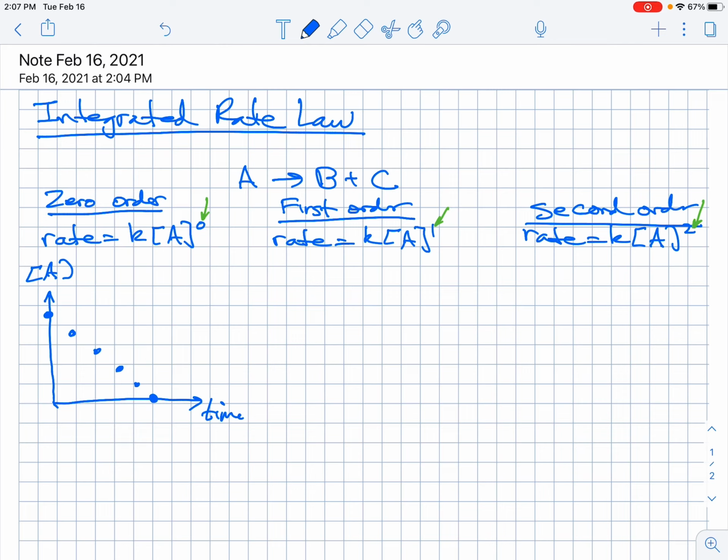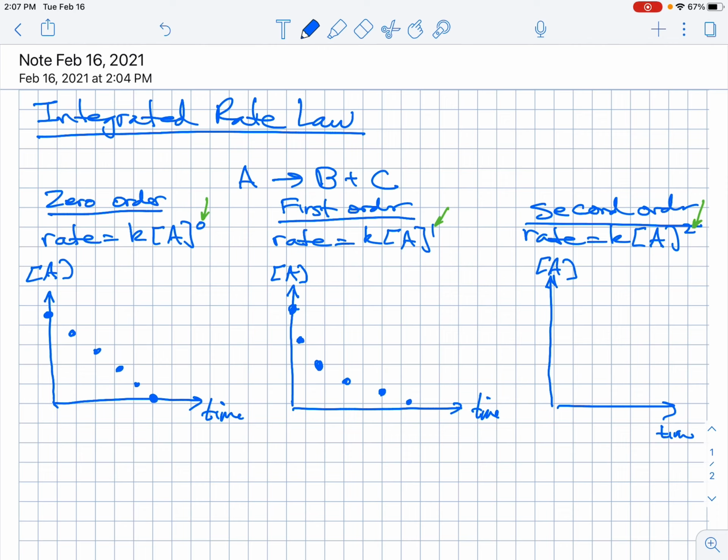That is not the case for a first order reaction. For a first order reaction, the concentration versus time gives us a curved line, and in fact, it's an exponential drop in concentration. Second order looks a lot like the first order when you graph the concentration versus time.